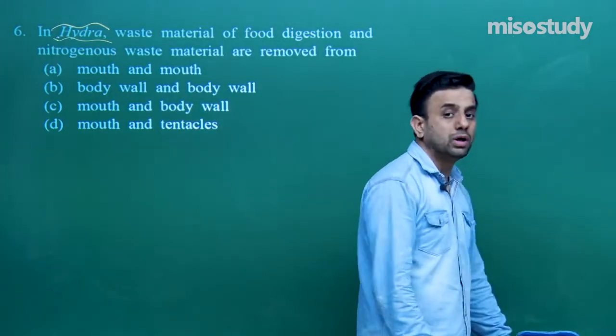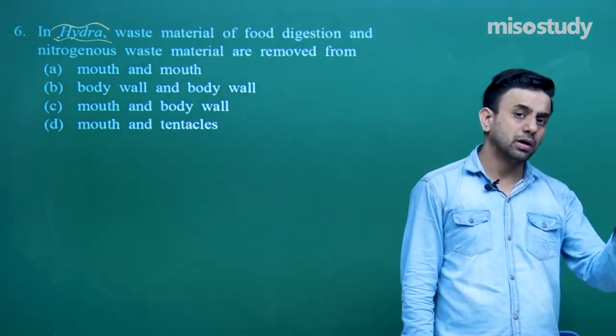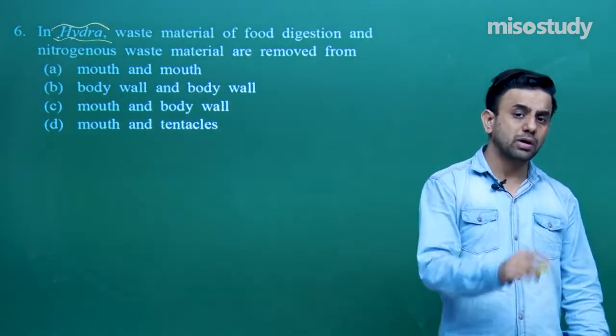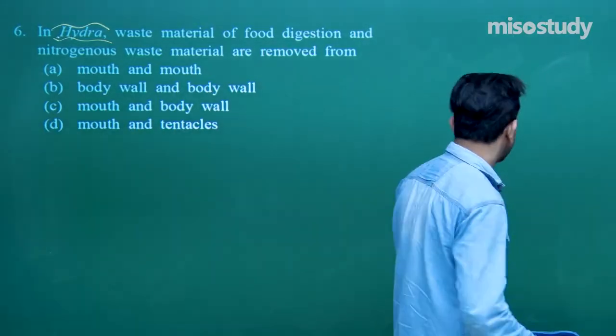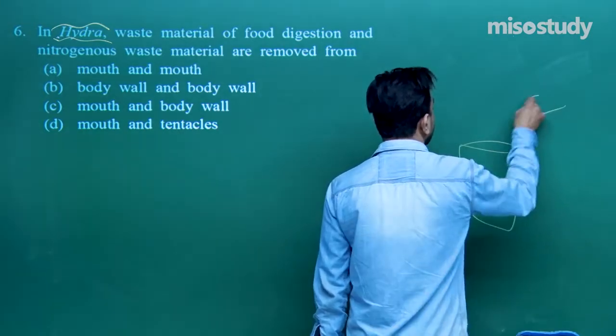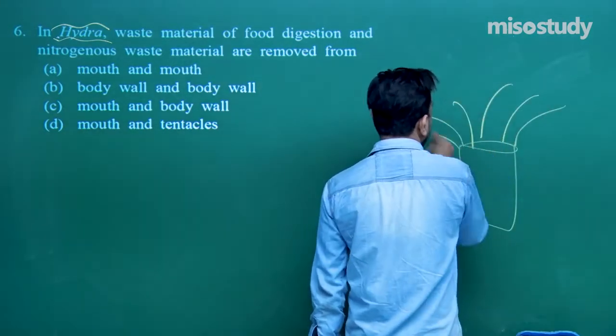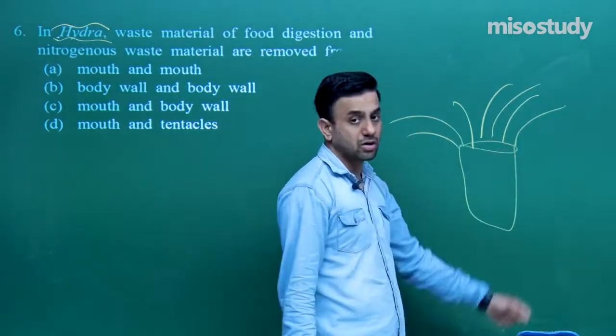We have all studied that there is no end-to-end plan; there is a single opening, the mouth, and no anus formation. If we talk of the general structure, this is the mouth, just one opening, with no anus.